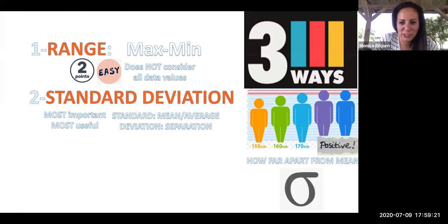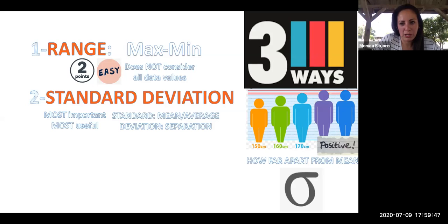Yep. Someone asked about this symbol, which is the sigma symbol, kind of like an O with a little line. That's the symbol for sigma. If we're talking about population, we're talking about sigma.